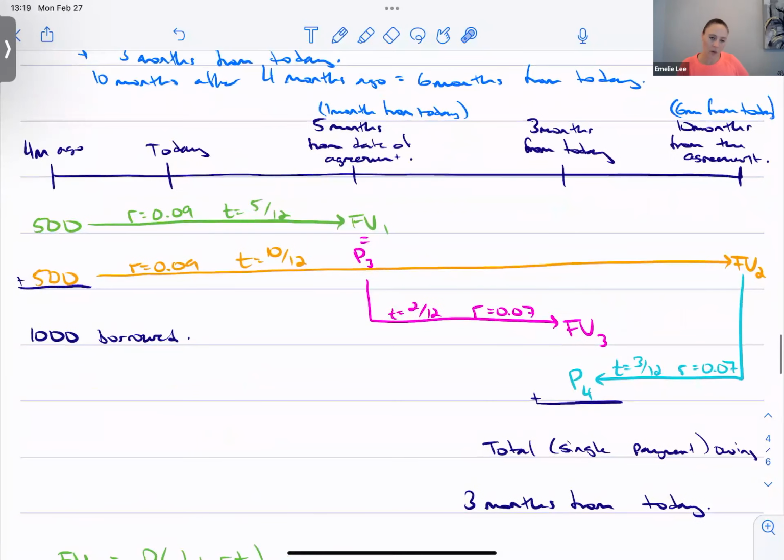You can see how simple the calculations are, right? It's not the calculations that are hard here, right? It's figuring out what you need to do, right? And what it's telling you. Okay, and so all the information is here on the timeline, right? Otherwise you haven't finished your timeline. So now it's just a matter of plug and chug, right?